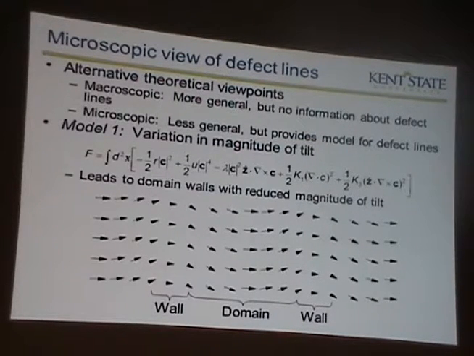But the downside is that it is not giving us any information about what's in the defect lines. Whereas here, this is a more specific microscopic model that gives one model for what could be happening in the defect lines. Of course, there could be other models for what happens in the defect lines.